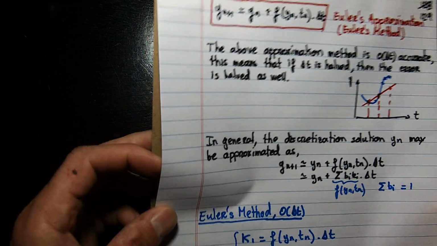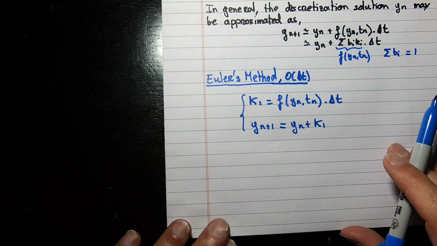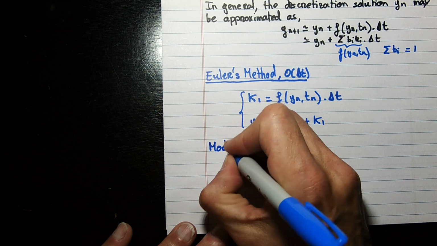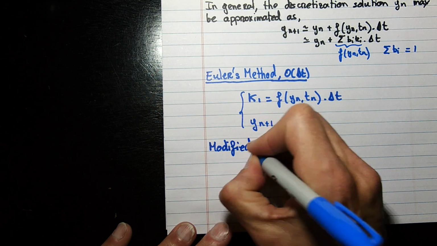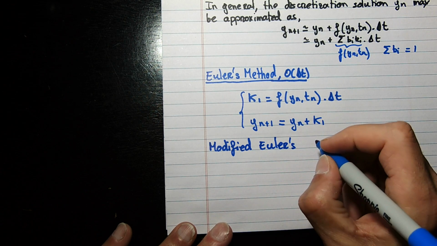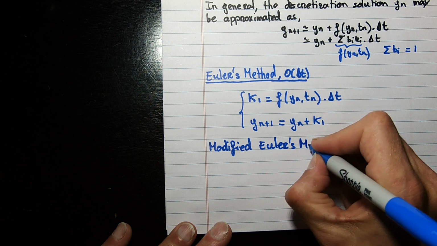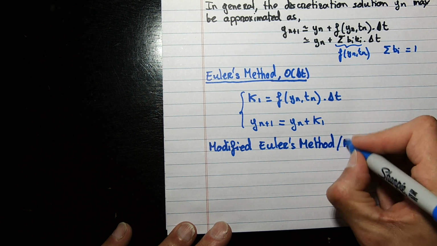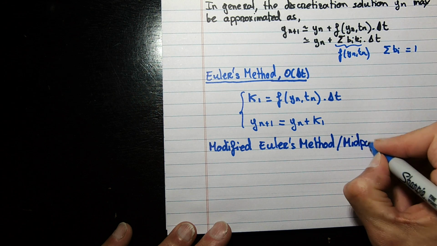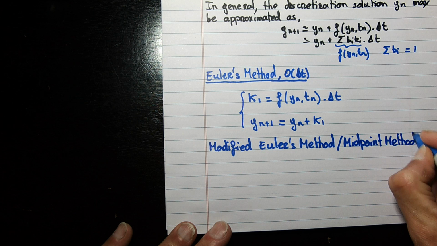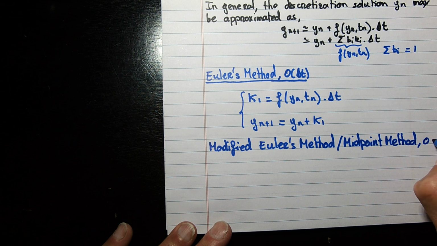Alright, and that's what is known as the modified Euler's method, also known as the midpoint method, and this one is of the order delta t square approximate.